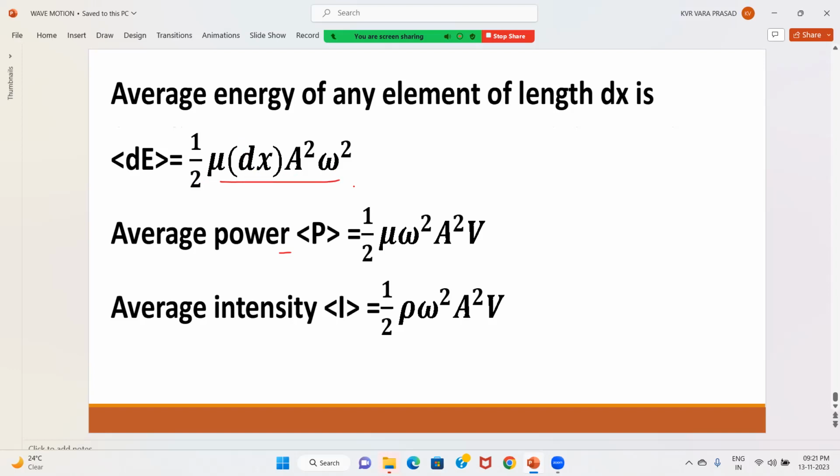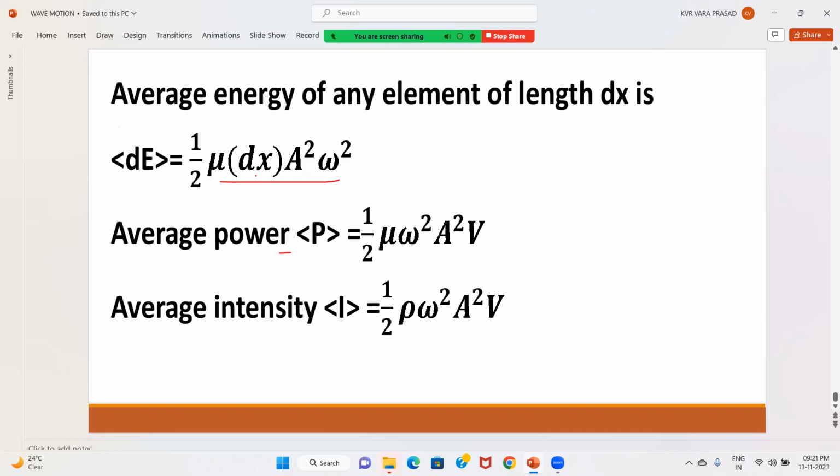See, you can remember this like this. In simple harmonic motion, we have learned oscillation energy equals half m omega square a square, right? So in place of m, mu into dx.